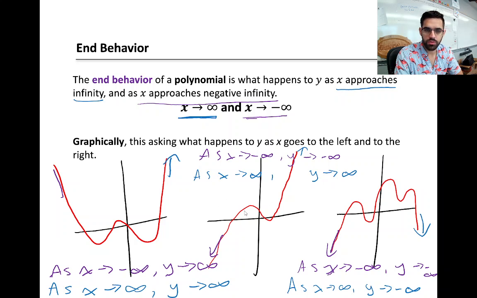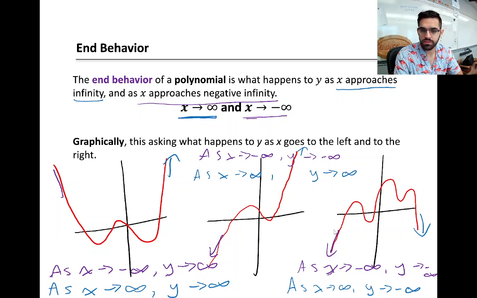In the second example, as we go left, as x approaches negative infinity, we go down. Y approaches negative infinity. And as we go to the right, as x approaches positive infinity, this graph goes up. Y approaches positive infinity. On the third and final graph, the end behaviors both go down.